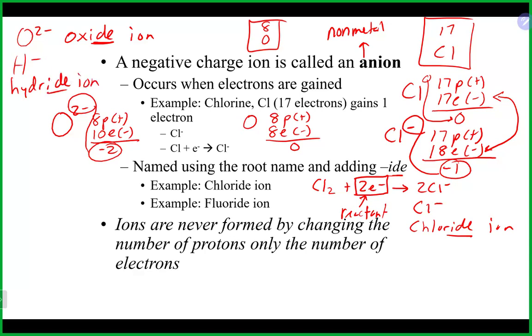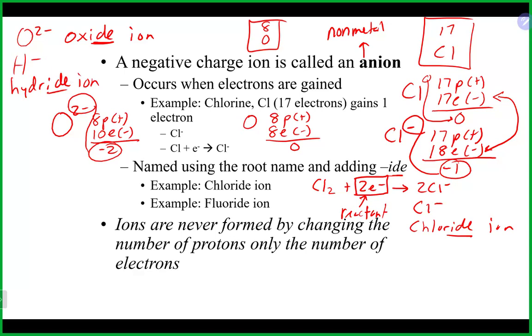And so we basically drop the last part there and put it together with the IDE at the end. So if you see a name that ends in IDE, it most likely is a negatively charged thing, especially if it's an ion. Any questions on that there?